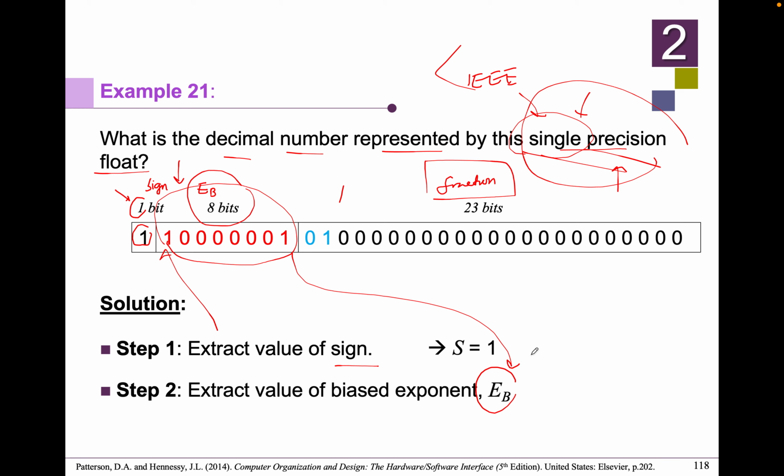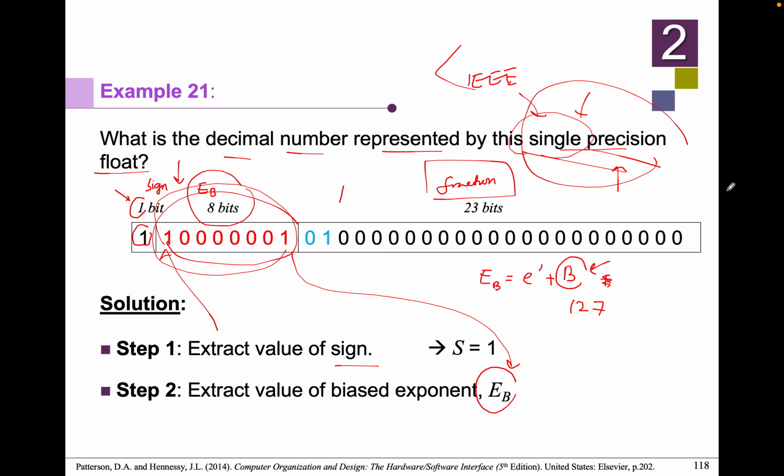You can extract the value, and please remember EB equals E prime plus B, and B, as I mentioned already, is fixed. Now I want to convert this binary to decimal. Give me some time, I open my calculator.